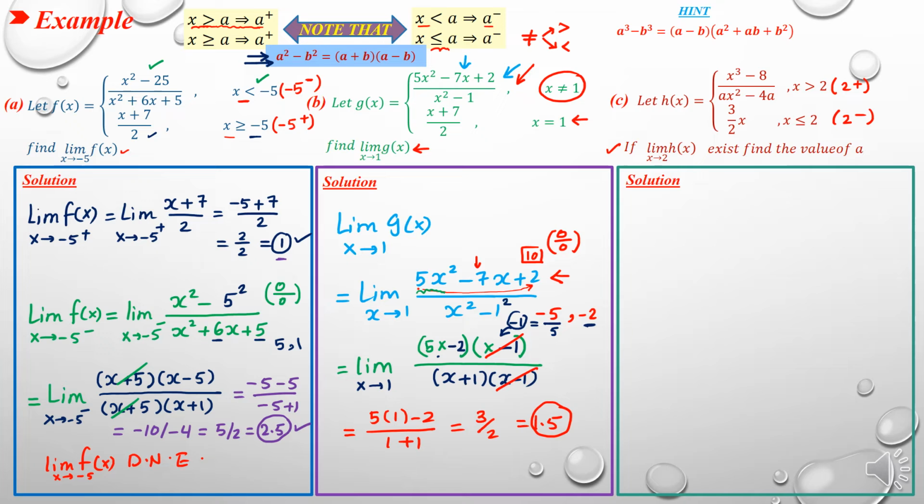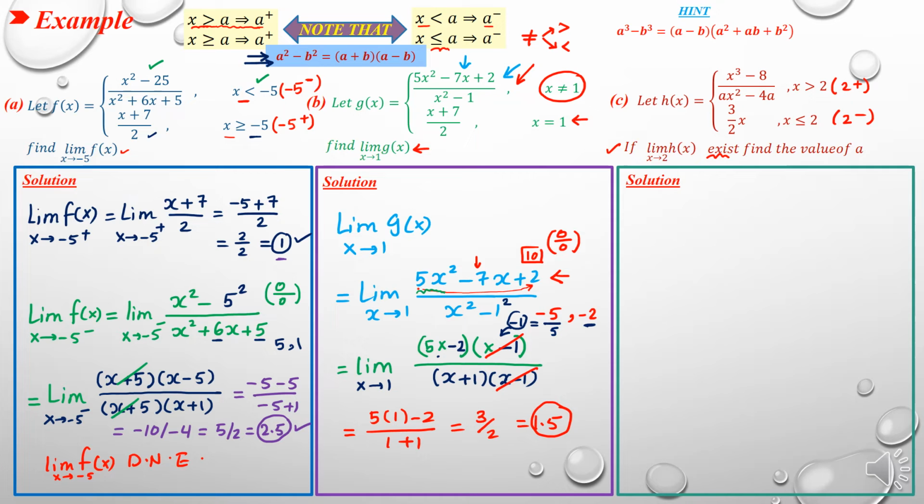Since 2 is a common x between the two intervals, you have to find the limit from right of 2 and from left of 2. Then you have to make them equal, because the limit when x goes to 2 exists. This is information from our question.